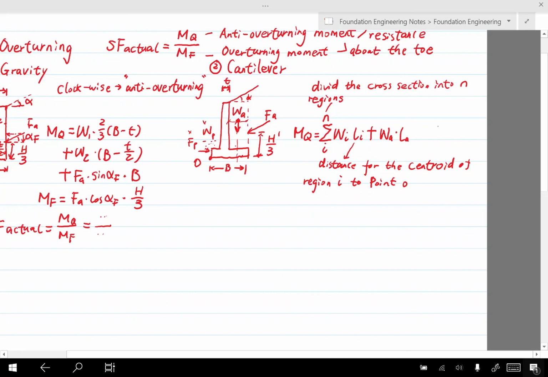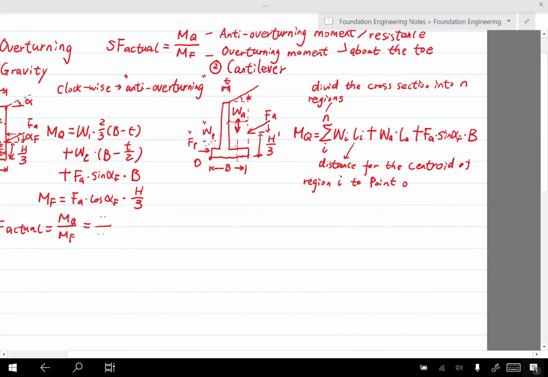Last one is FA, and we know the vertical component of FA creates a clockwise, anti-overturning moment. So FA times sine alpha F, that's the vertical component of it, then times the arm of it.